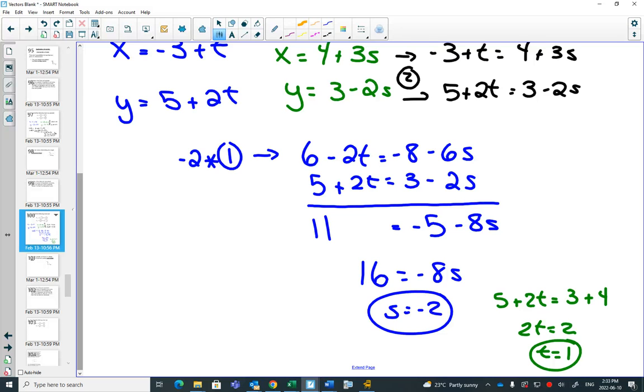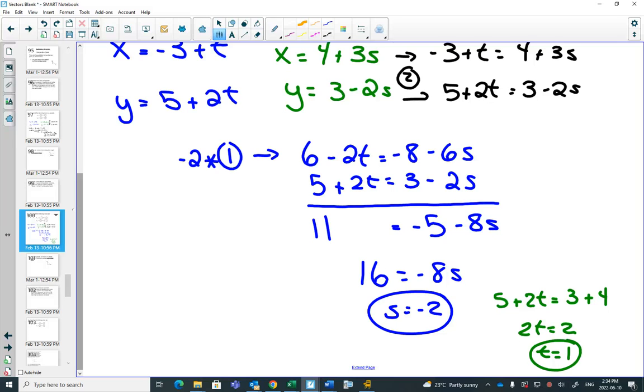So the fact that we were able to solve for both s and t, yes? One of them would be enough, granted you didn't make a mistake. Okay? So I'm solving for both of them because I would like you to, after finding s, right?